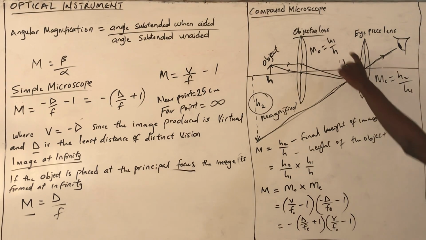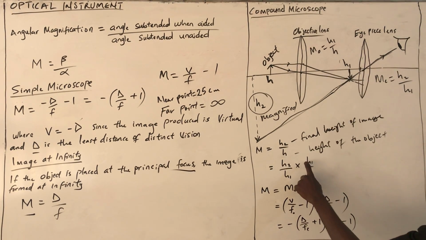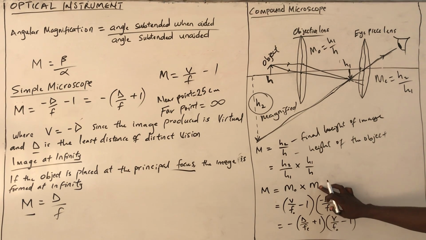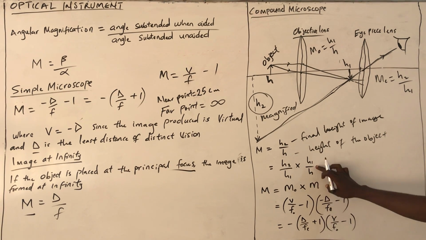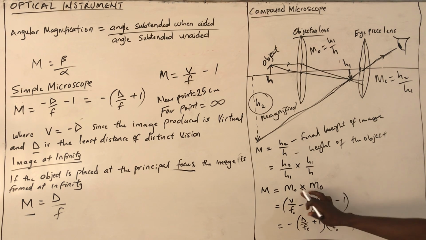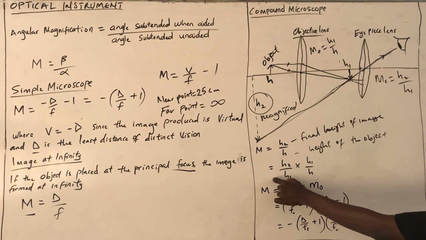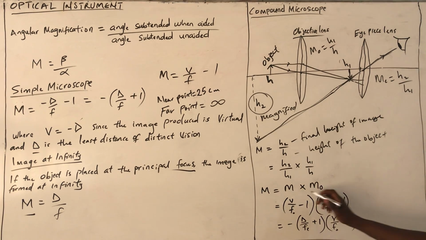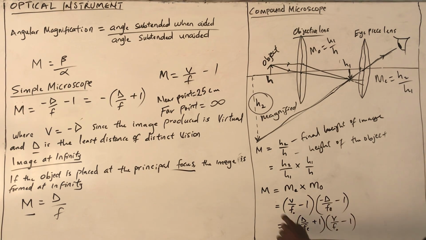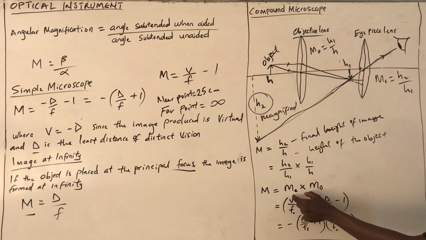So this H1 over H is my objective, and this H2 over H1, which we have here, is the eyepiece. So therefore, the magnification is equal to this.